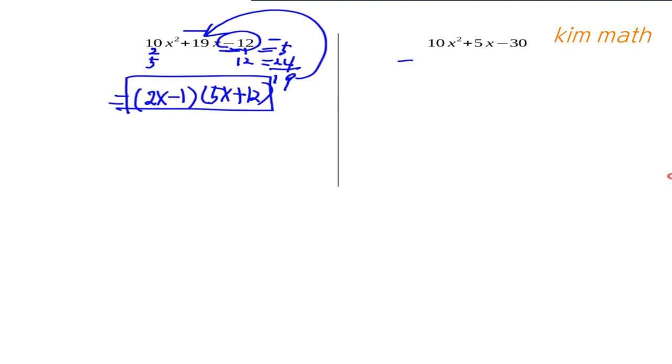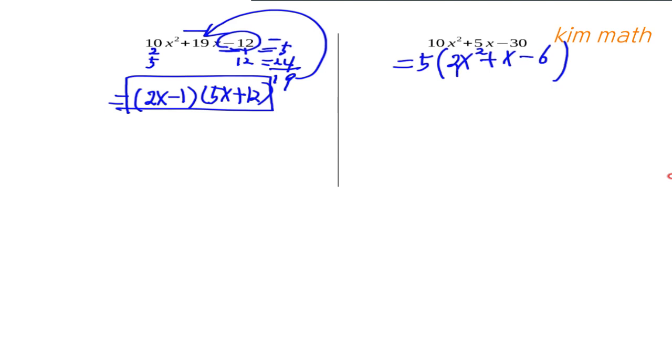So before applying the trinomial method, you can factor out 5 first. Then you have 2x squared plus 1x minus 6. Then inside the parentheses, starting with the 2x squared, that is much easier to handle, right?